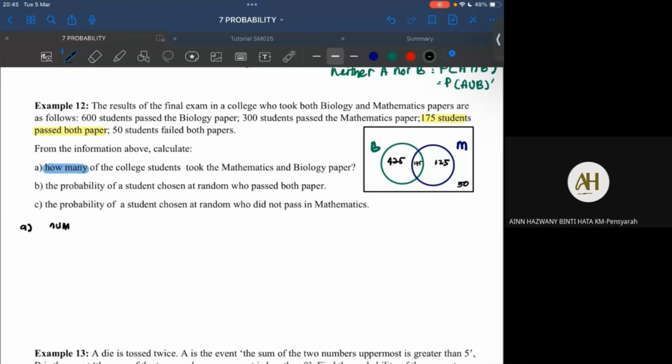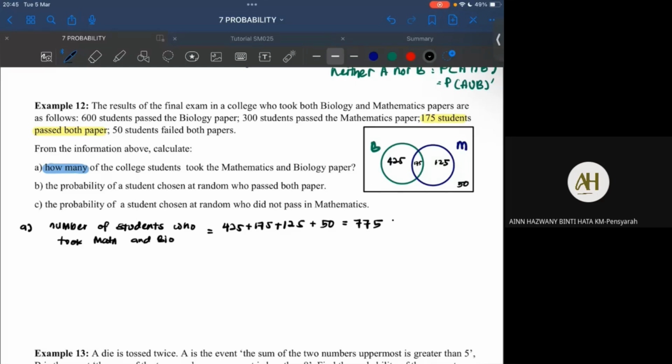Number of students who took maths and bio is equals to 425 plus 175 plus 125. Yang kat luar pun ambil juga, cuma dia fail tapi dia masih lagi ambil the paper. So kita kena tambahkan juga. Okay, so that will be 770.